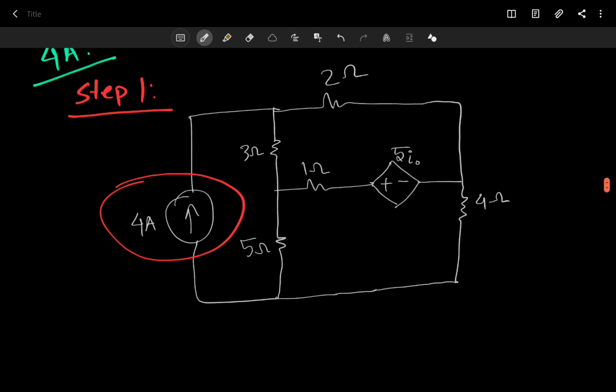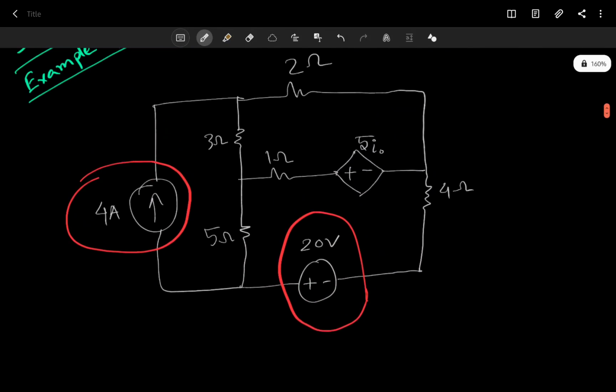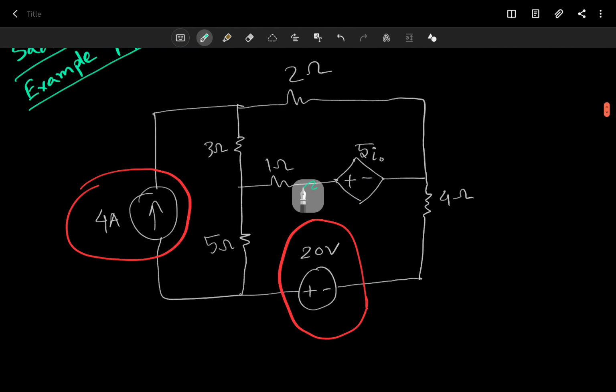So it's short circuited now. Our job is to find out the current going through this 5 ohm resistor, and this is actually I naught. I forgot to mention that 5 times I naught is the voltage here.